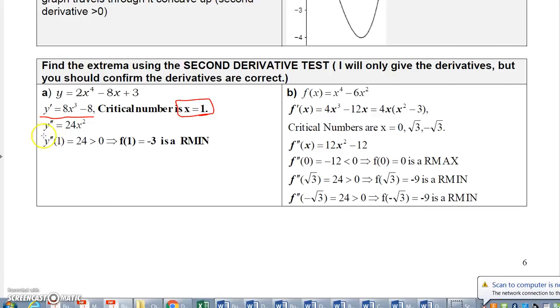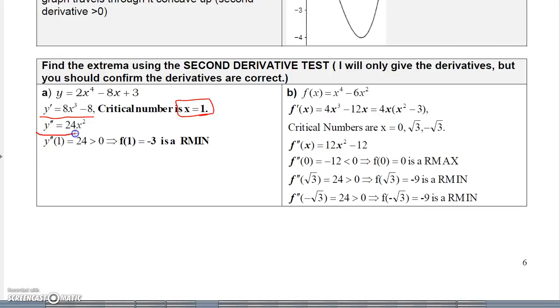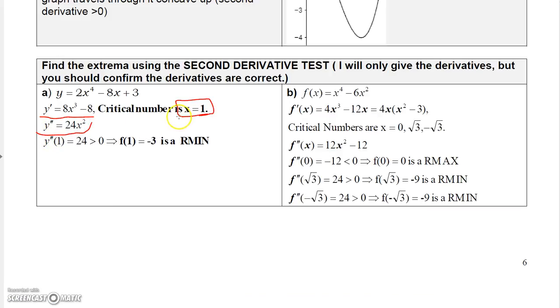Now, we're going to need the second derivative. Why do we need the second derivative? Because we're going to plug this critical number into the second derivative. So let's take this critical number 1 and plug it into the second derivative. So the second derivative evaluated at 1 equals what? Let's see, 24 times 1 squared is 24.